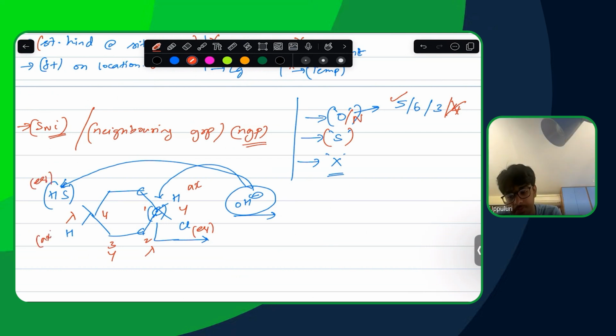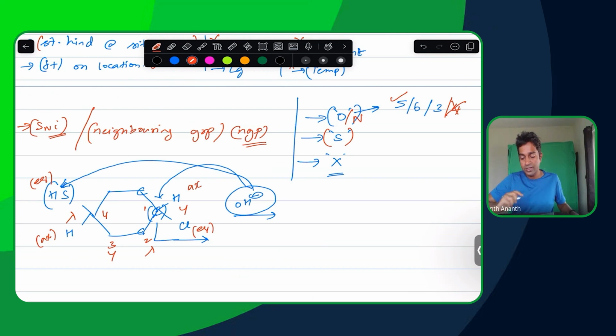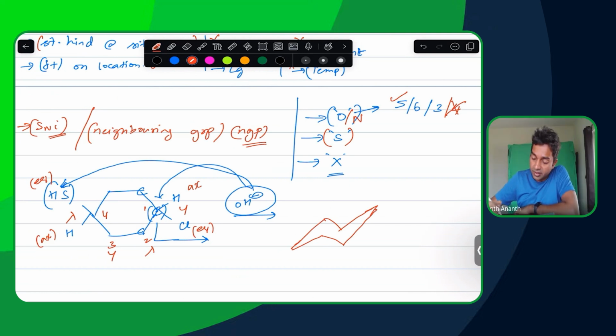Axial. So now let's look at the chair form. So this is my chair form. In this, if I'm going to be placing, these are the locations.